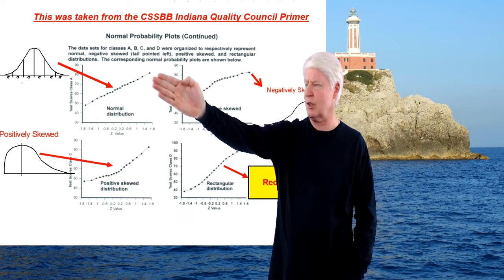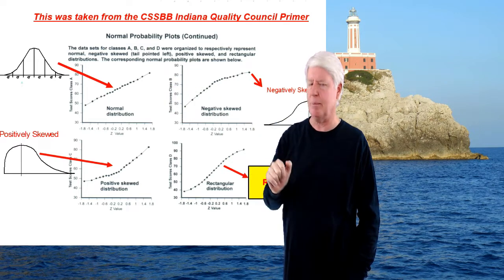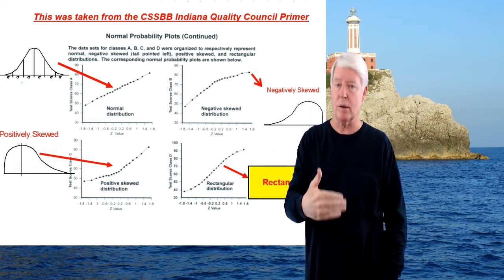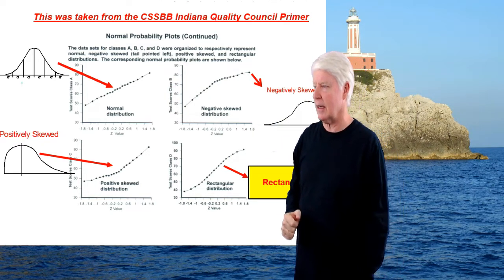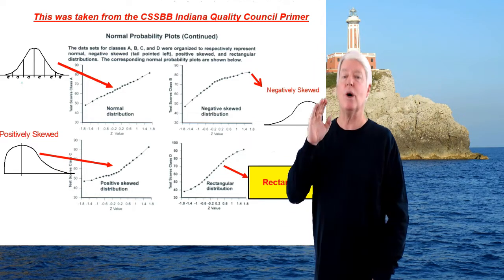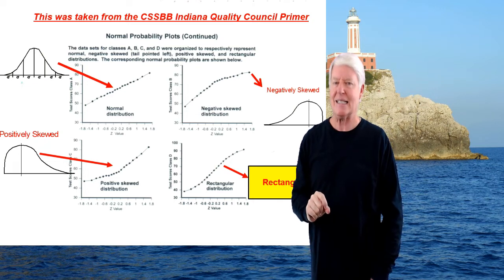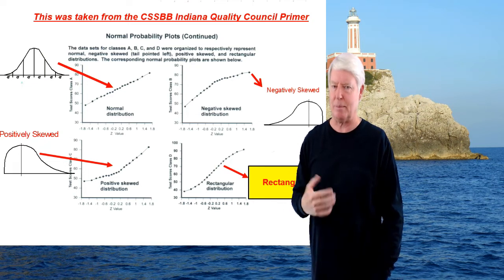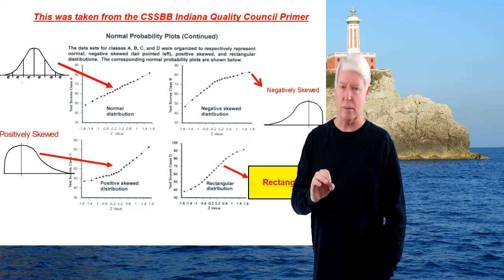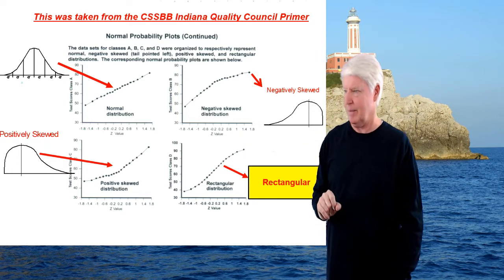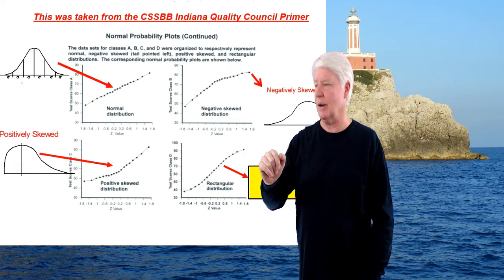If it's on a very straight line like this one is, for example, then it's considered to be normally distributed. It suggests that the data is normally distributed, which is what we want in most cases, because one of the most common assumptions in statistical analysis in Six Sigma projects anyway is normally distributed data. So it's a very important test to know how to do.